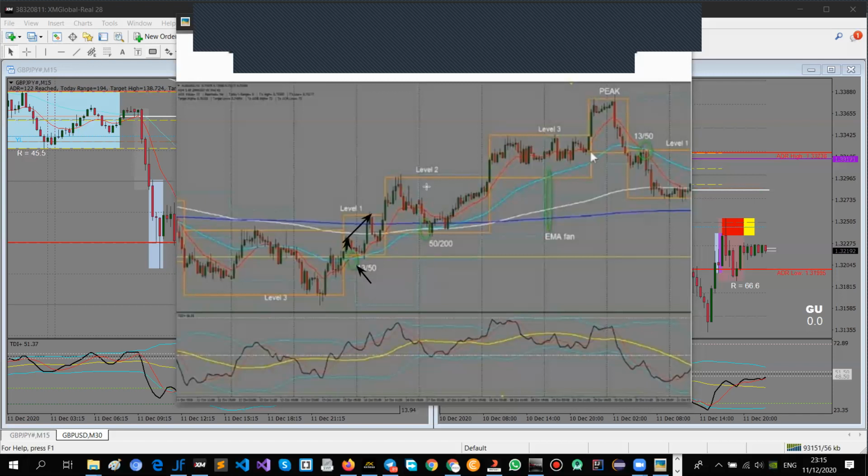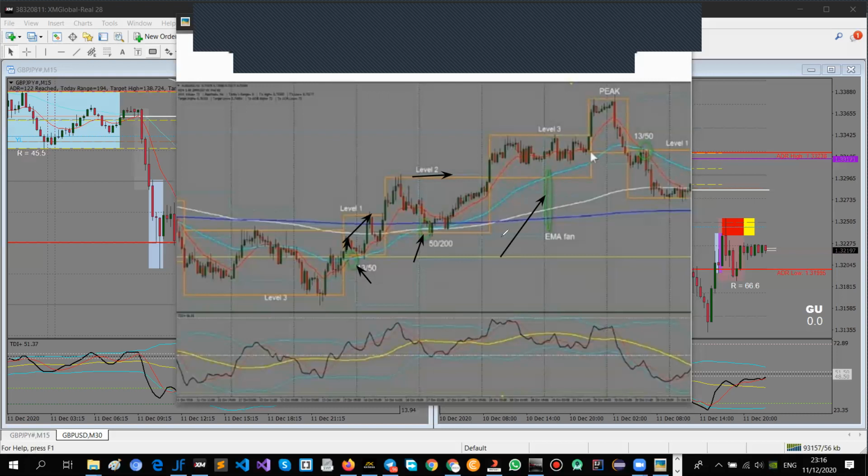Price then went on into level 2. How do you see that this is level 2? We have the 50 and 200 crossover there, indicated by the green circle. Price then went on into level 3. How do you see that this is level 3? The fanning out of the EMAs, also indicated by this big green circle, it's no longer a circle. EMAs don't just fan out, there's something that was not indicated.